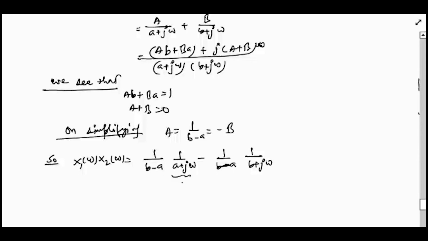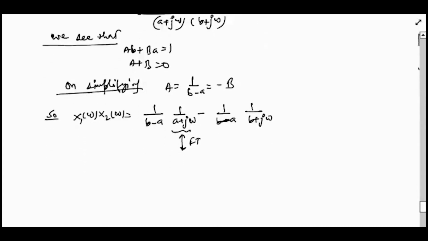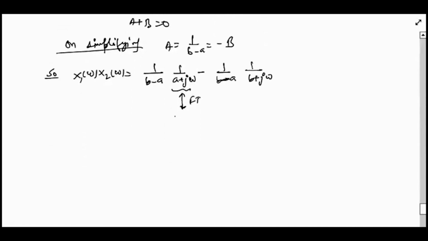We readily know that the inverse Fourier transform of this signal is e^(-at) u(t), and for this function its inverse Fourier transform is e^(-bt) u(t).